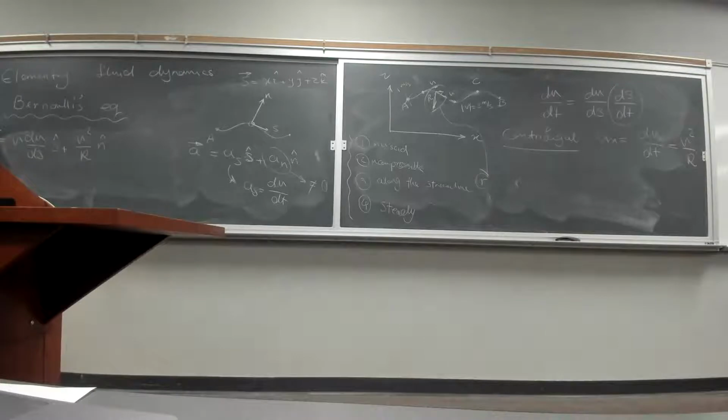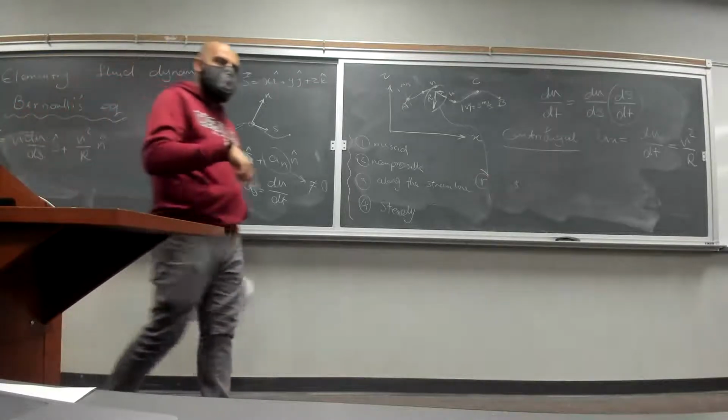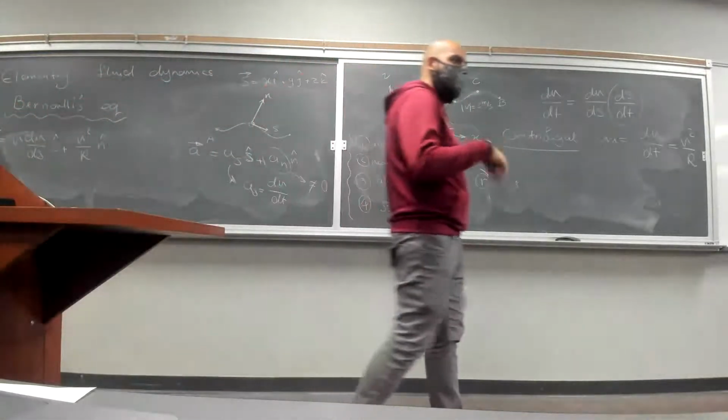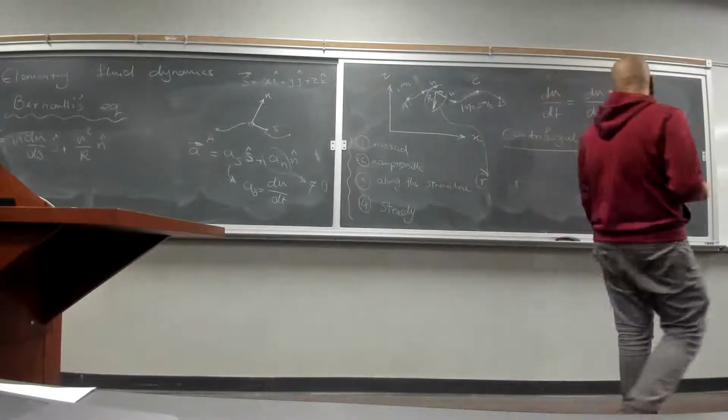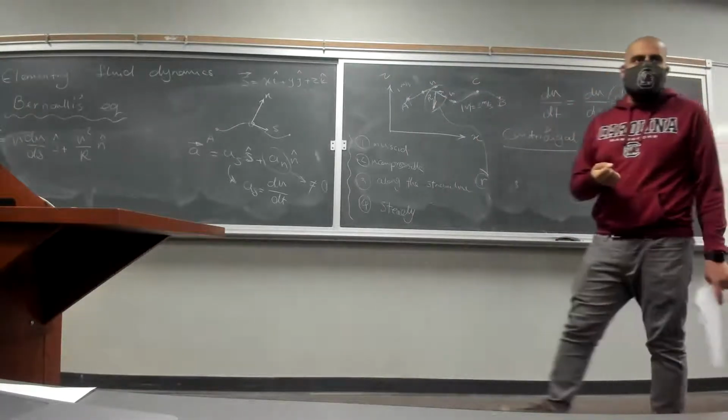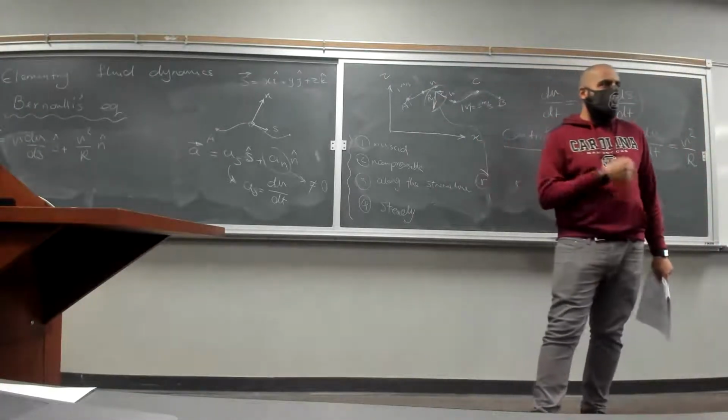Okay, what will happen if your centrifugal acceleration is 0? The idea was the centrifugal acceleration is responsible for the changes in velocity vector direction, right? So if that centrifugal acceleration is 0, your velocity vector won't change its direction.